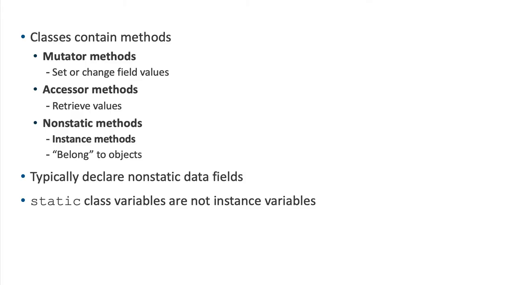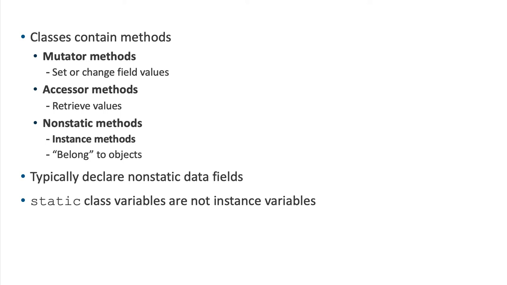Methods that set or change field values are called mutator methods. Methods that retrieve values are called accessor methods. In Java, mutator methods are often called setters, and they conventionally start with the prefix set. Accessor methods are called getters, and they conventionally start with the prefix get.